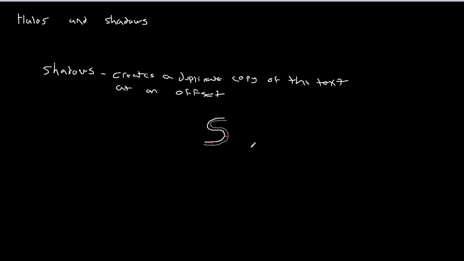Y direction. Now my little stick figure here doesn't do it justice, but both halos and shadows can really improve the contrast. Let me make a note of that here. Shadows and halos improve contrast. They improve contrast when you need to improve contrast.